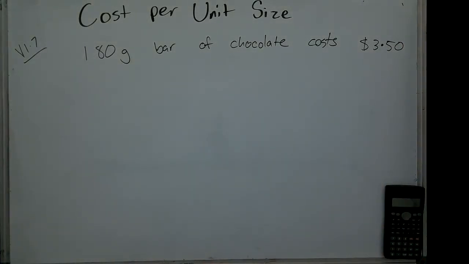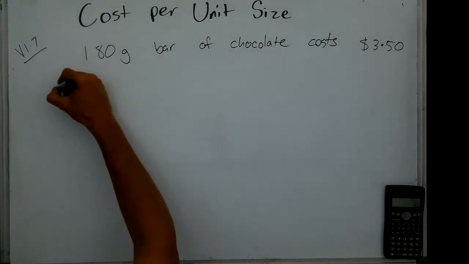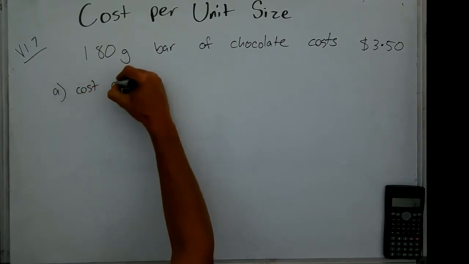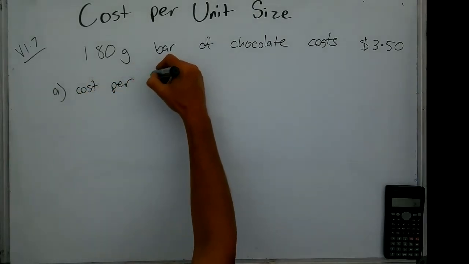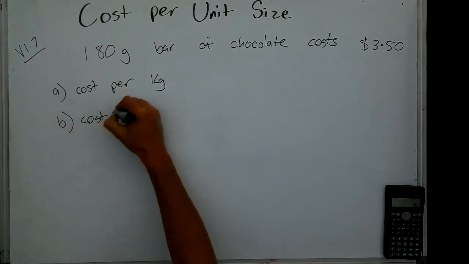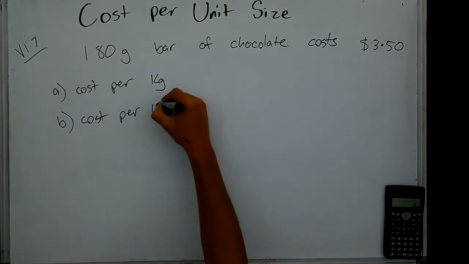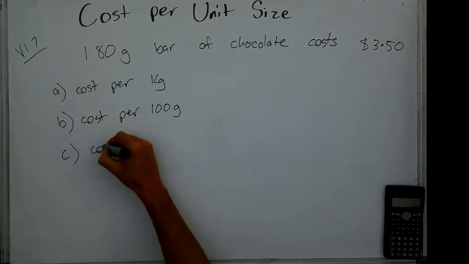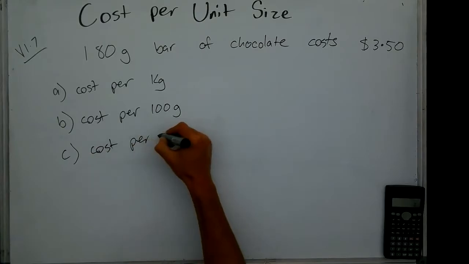And they're asking us to find the cost per kilogram, the cost per 100 grams, and the cost per gram.